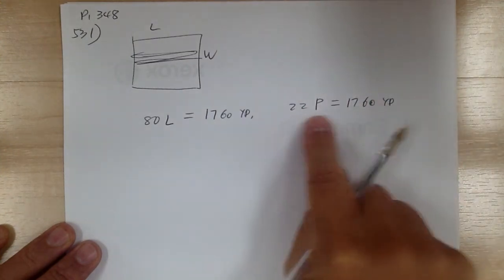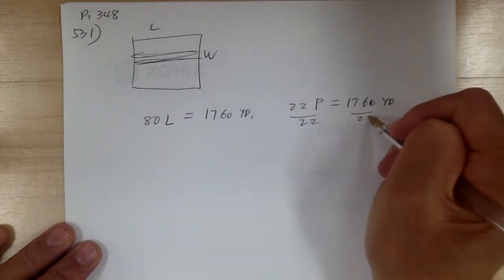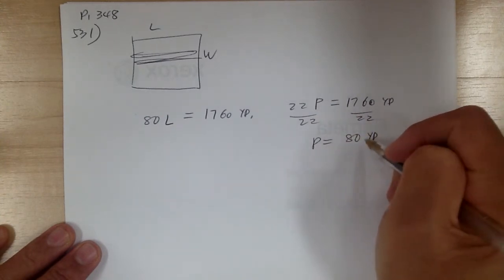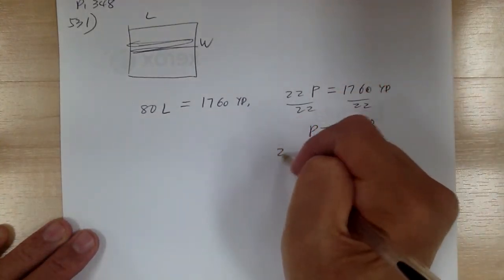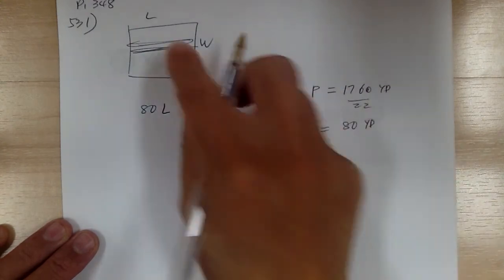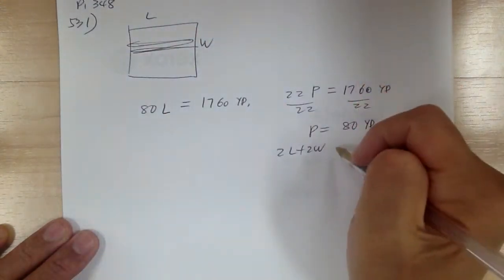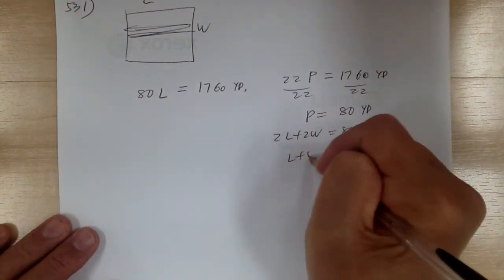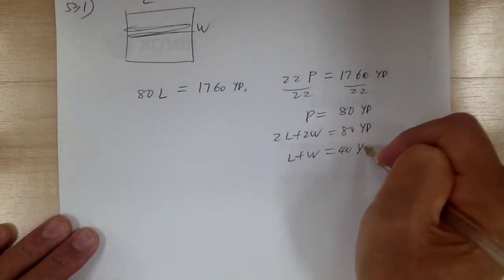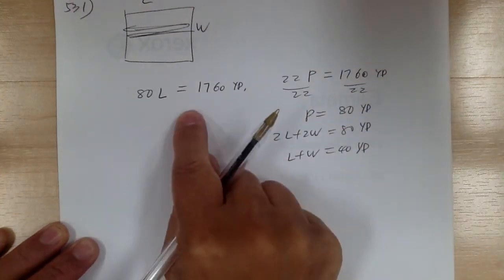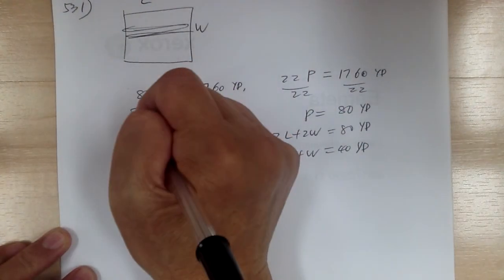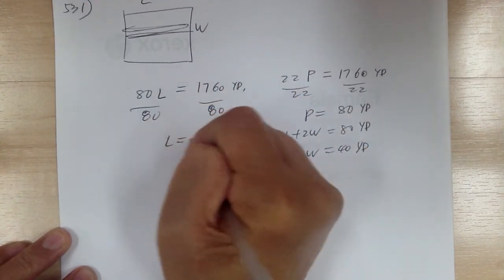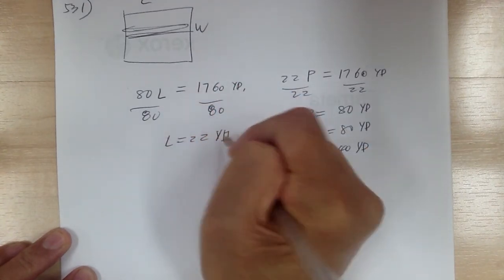Okay, so divide by 22. So the perimeter will equal 80 yards. And the perimeter is equal to 2L plus 2W, right? Because L, W, W, equal to 80 yards. So divide by 2, so L plus W equal to 40 yards. Now from here we can solve for L, right? So L equal to 22 yards.